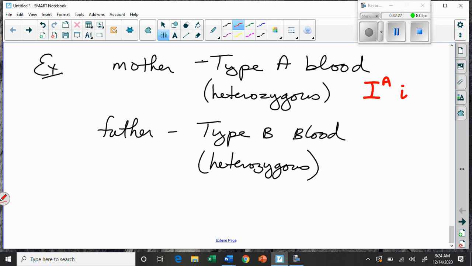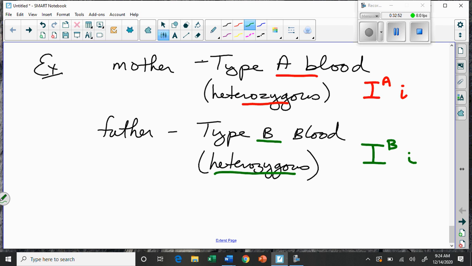If you had the I^B, your type would be AB. It would be codominant, right? So that's the only way you can have type A blood and be heterozygous. And the same is true for the father. The father can only have this possible genotype because he has to be type B, but he has to be heterozygous.